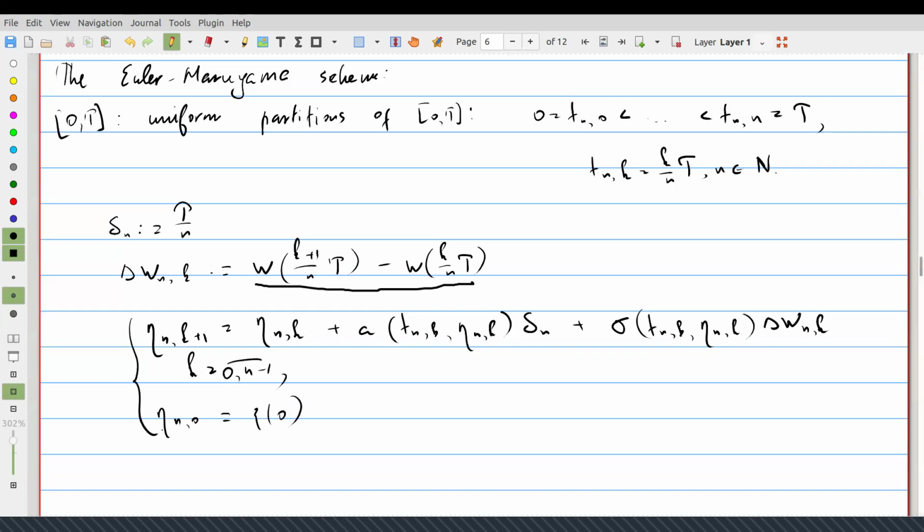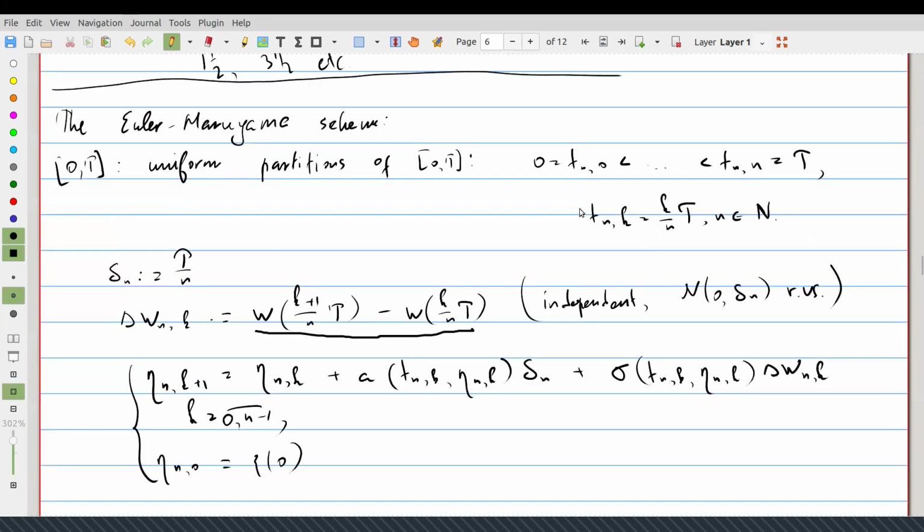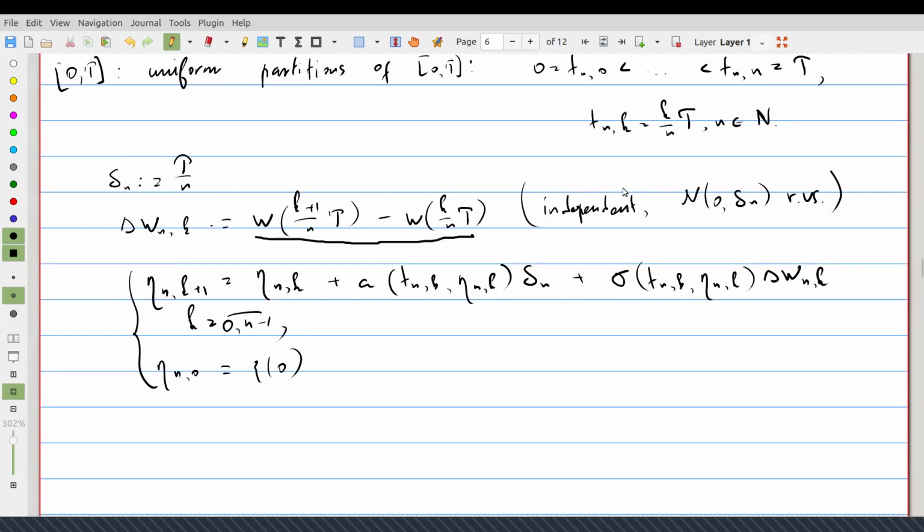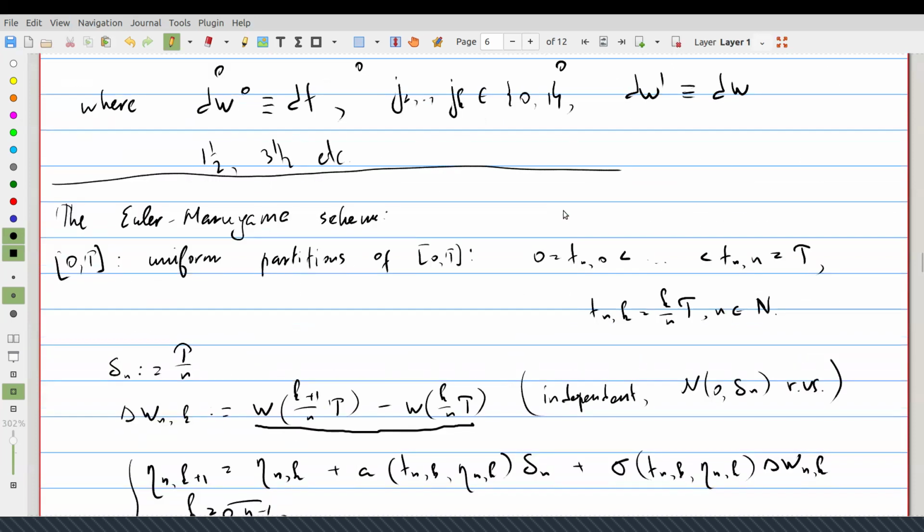So this is our scheme, and this is effectively independent Gaussian random variables. So this is the first scheme.